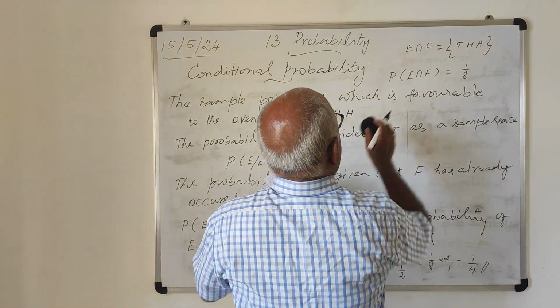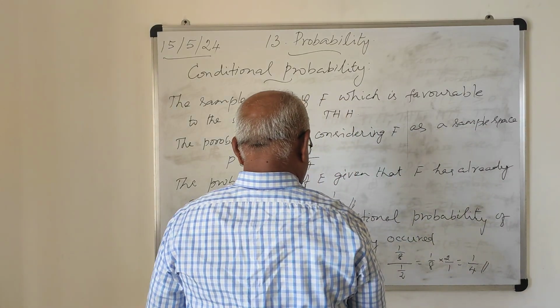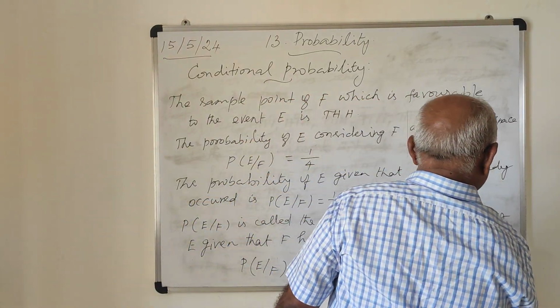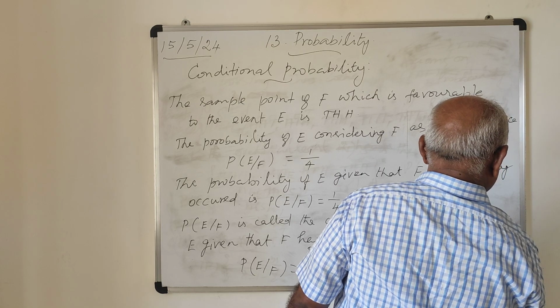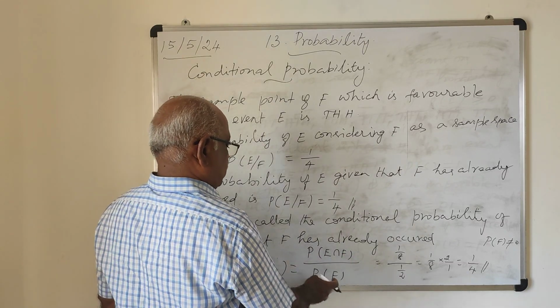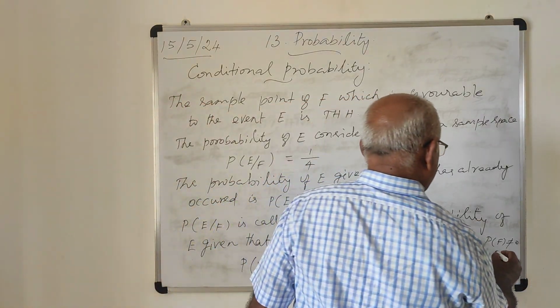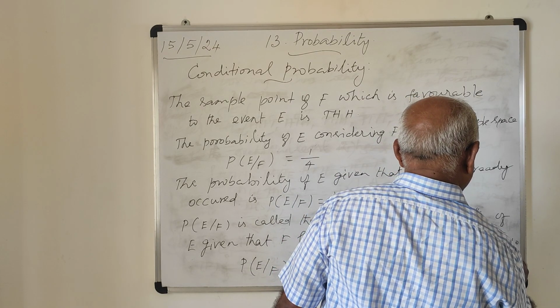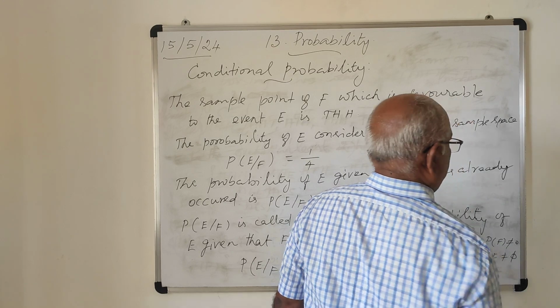In this formula, remember that P of F is not equal to 0. If it is equal to 0, the probability doesn't exist. Or otherwise, F is not equal to the empty set.